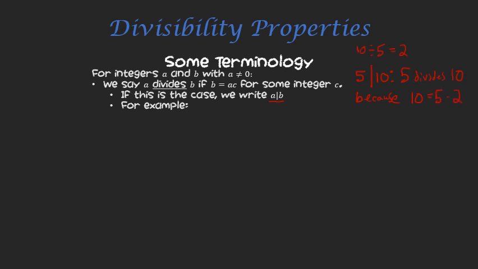Like in our definition here, 10 is our b, 5 is our a, and 2 would be our c, this thing that we have to find to prove that one number divides another. That's what it means when one integer divides another integer.